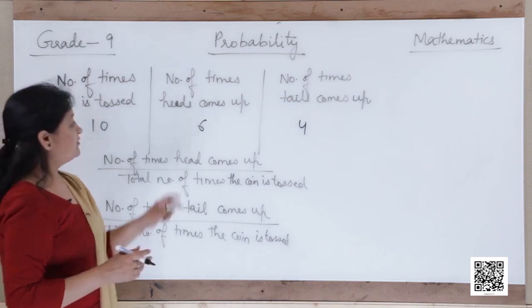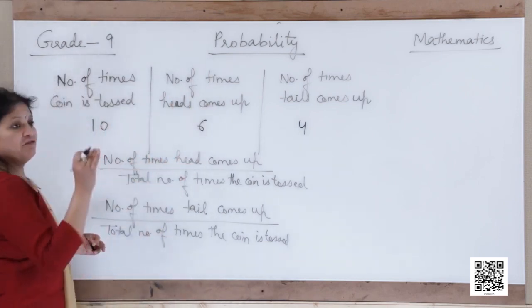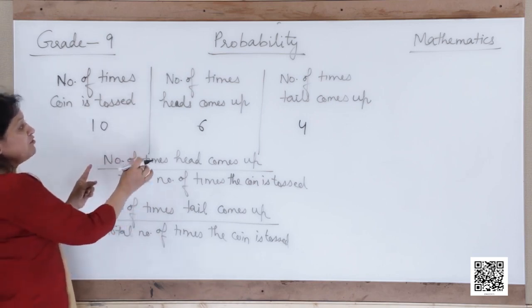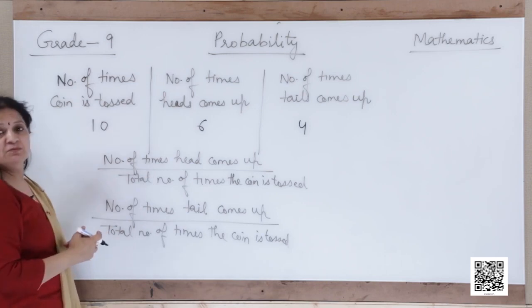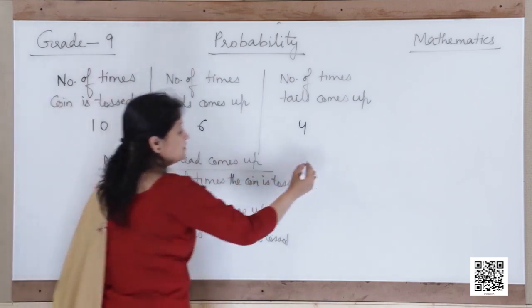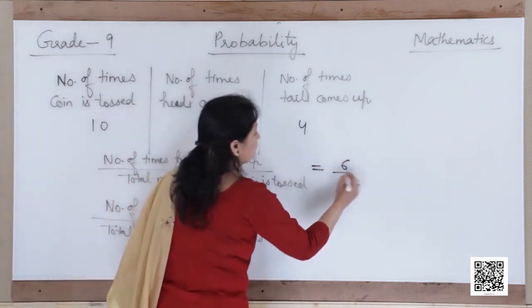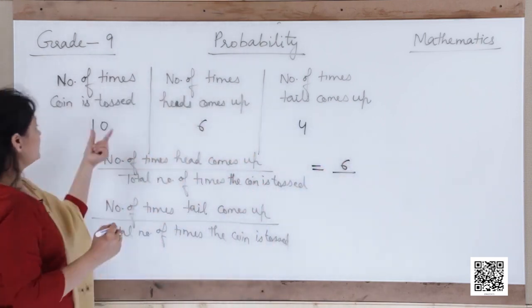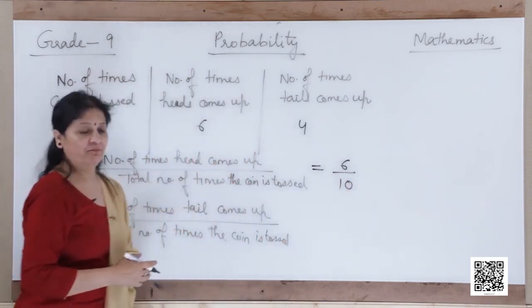Now, after writing this down, find the fraction: number of times head comes up upon the total number of times the coin is tossed. In this case, the number of times head comes up is 6 and the number of times the coin is tossed is 10. So, it is 6 by 10.